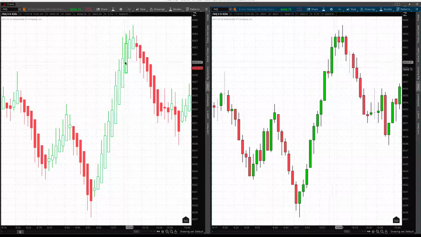So on a Heikin Ashi bar, the close of the bar is the average of the open, high, low, and close. So the close of this bullish bar right here on the top is the average of your regular candlestick. So if you add together the open, the high, the low, and the close, and divide it by 4, you get the close of this Heikin Ashi bar.